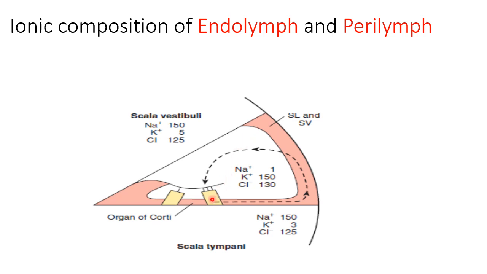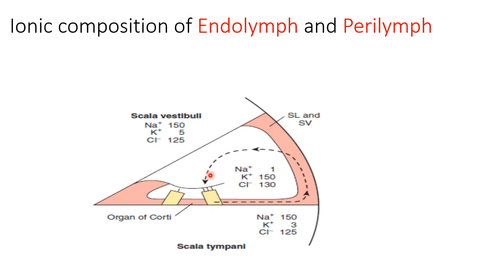Though the hair cells are bathed in endolymph, the basilar membrane is relatively permeable to perilymph of scala tympani, and consequently the tunnel of Corti and the bases of hair cells are bathed by perilymph.